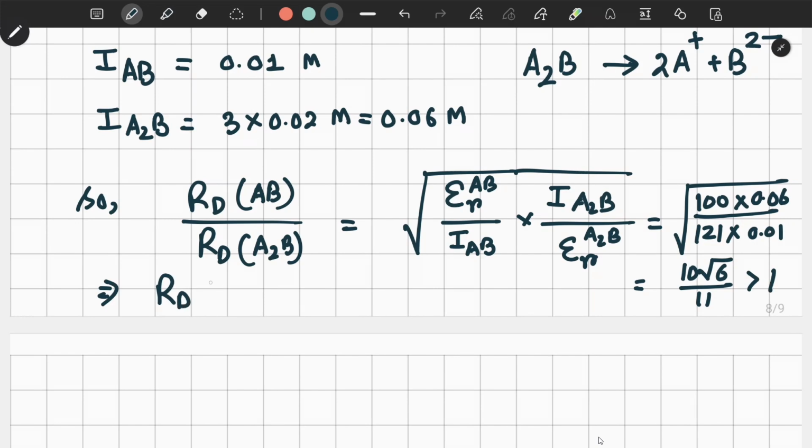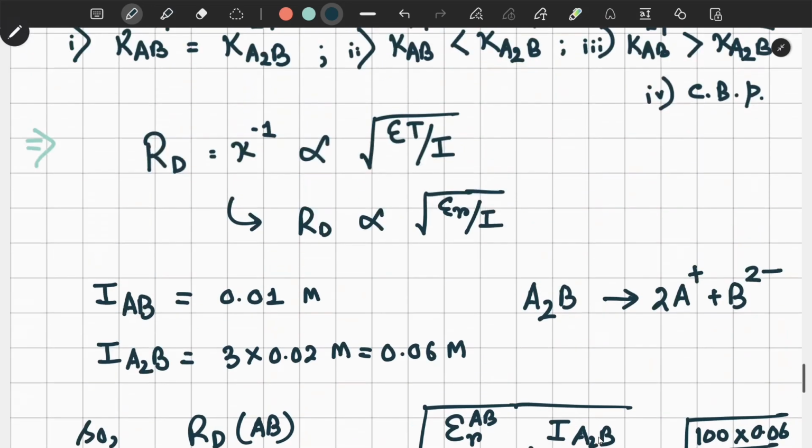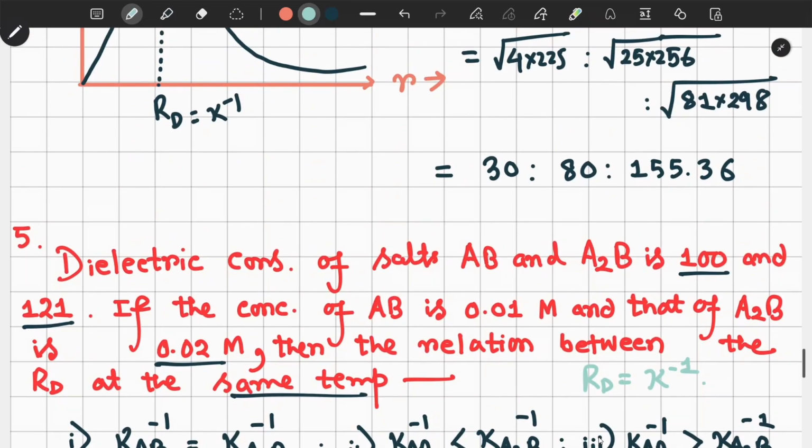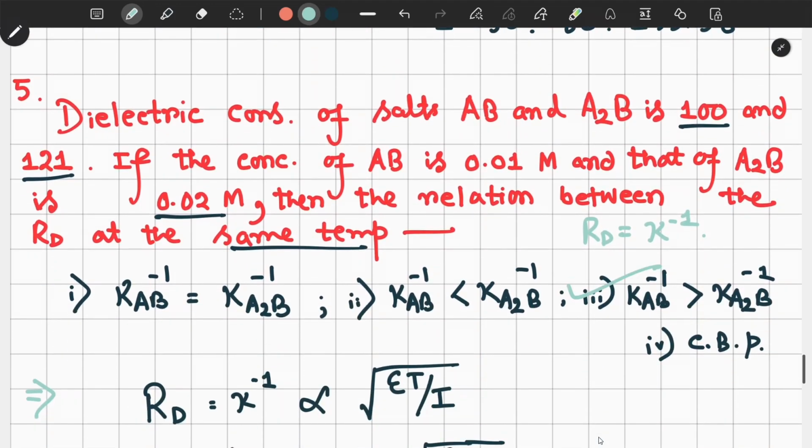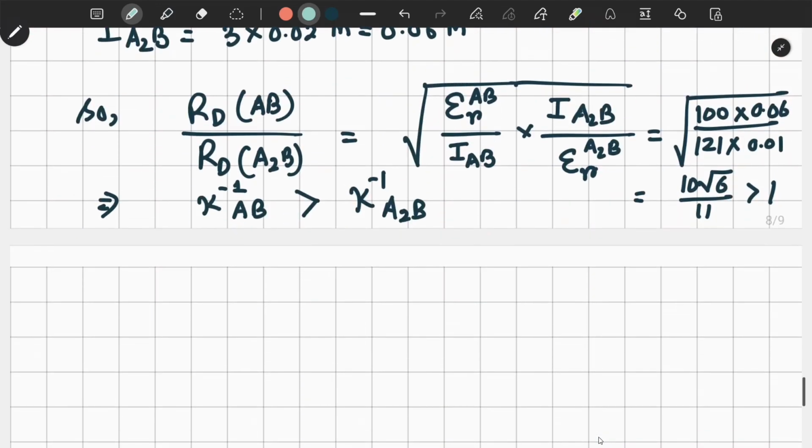So RD of AB should be greater than RD of A2B. And RD means the kappa inverse. So this is the correct option, option C.